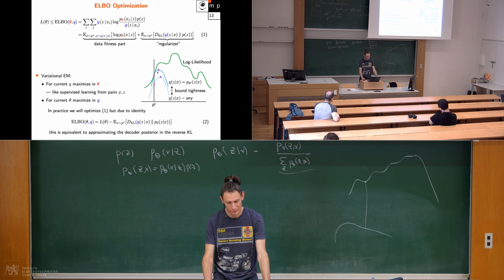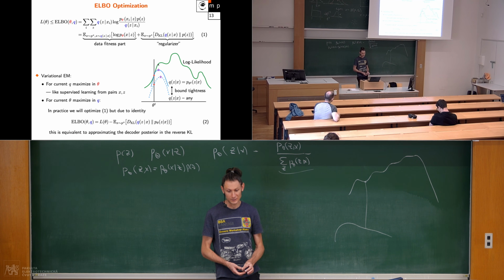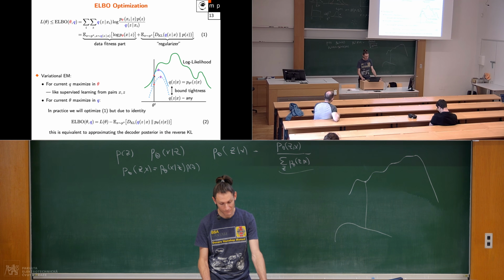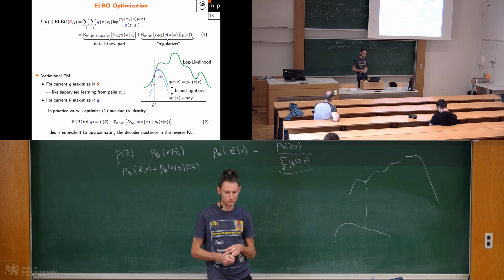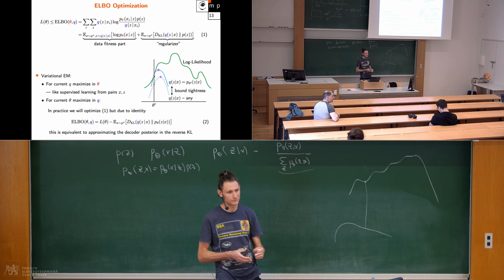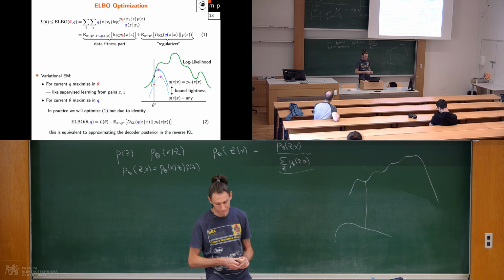So if you optimize the decoder, if you optimize this lower bound, then we are guaranteed to improve also the likelihood. But this will only be true if this lower bound is tight here. So in the EM, the rationale is that we gotta make it tight at every iteration.